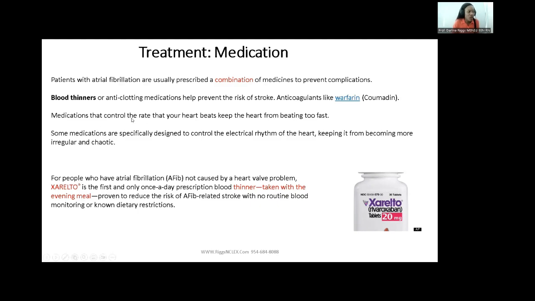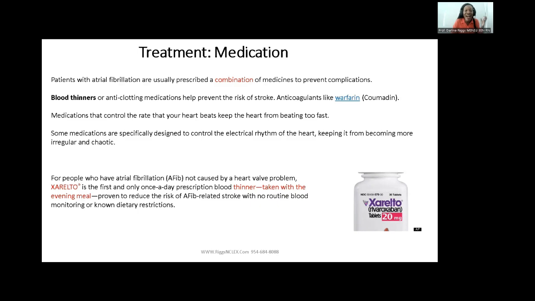We also need to control the heart rate. You're going to see some regimens specifically for that. Rivaroxaban, Xarelto, you're more familiar with Xarelto, but please memorize rivaroxaban, is a great drug. It's on your NCLEX.